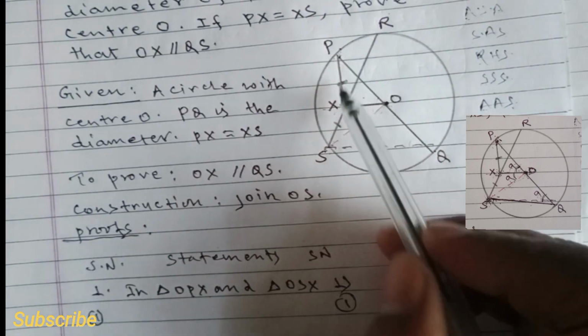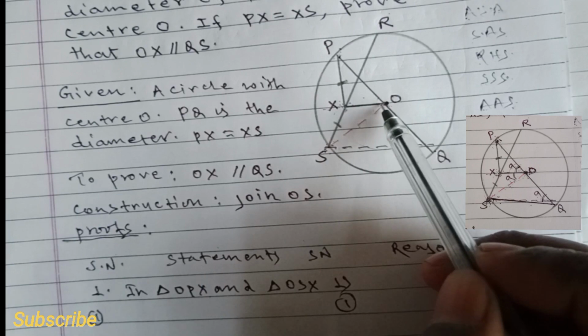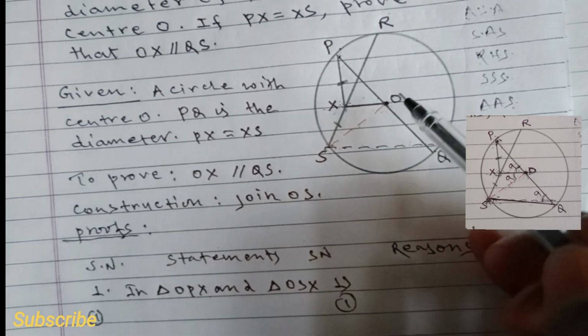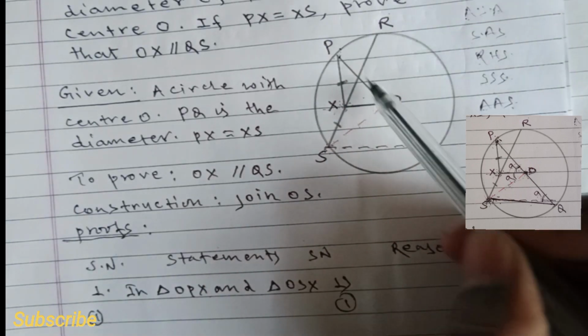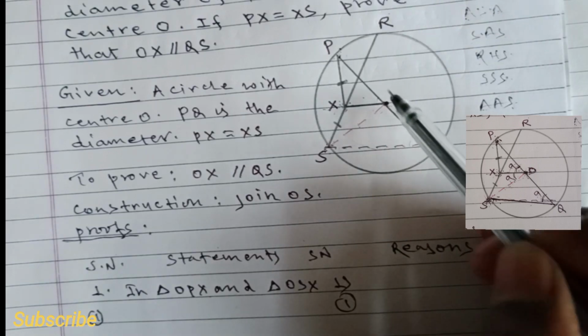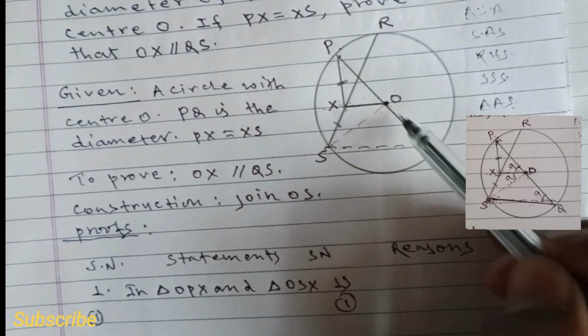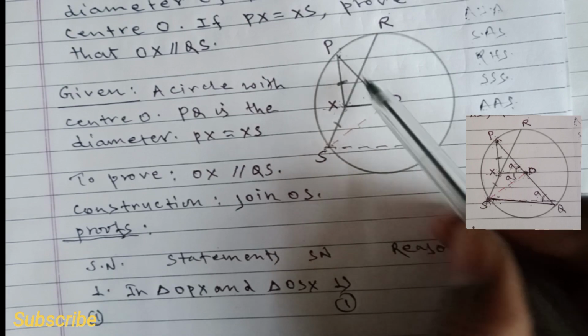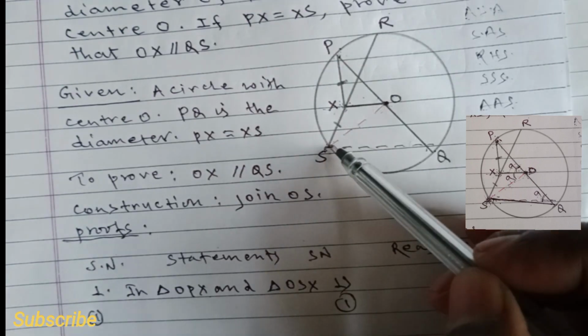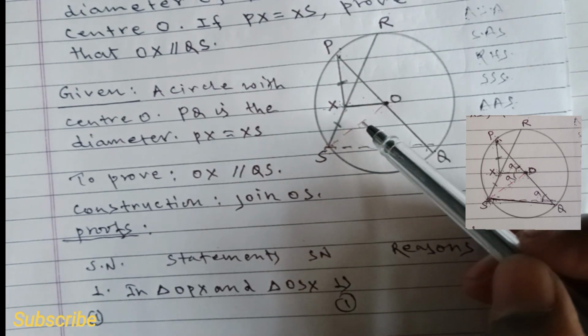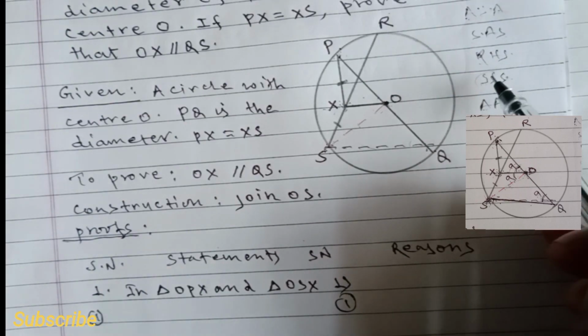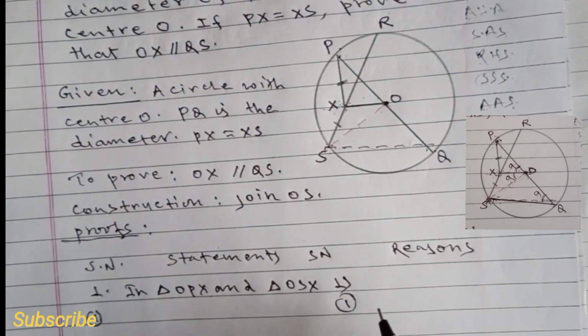We are already given PX is equal to XS. OX we can take as common side, and we can take OP is equal to OS, radii of the same circle. So by SSS fact we can show two triangles congruent.